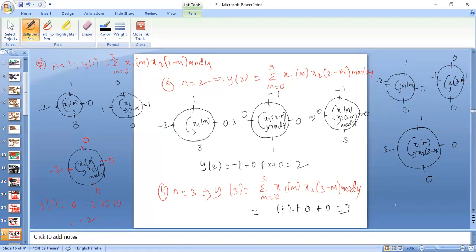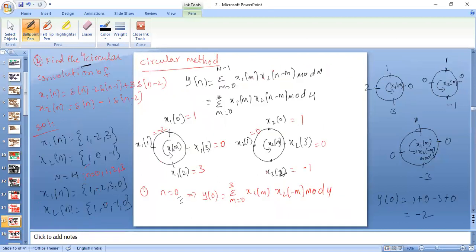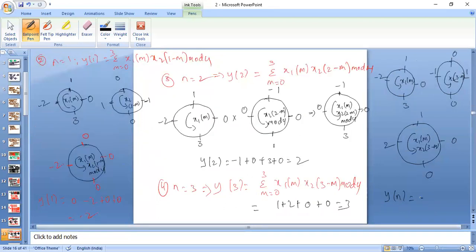So y of n finally equals minus 2, minus 2, 2, 3, right?